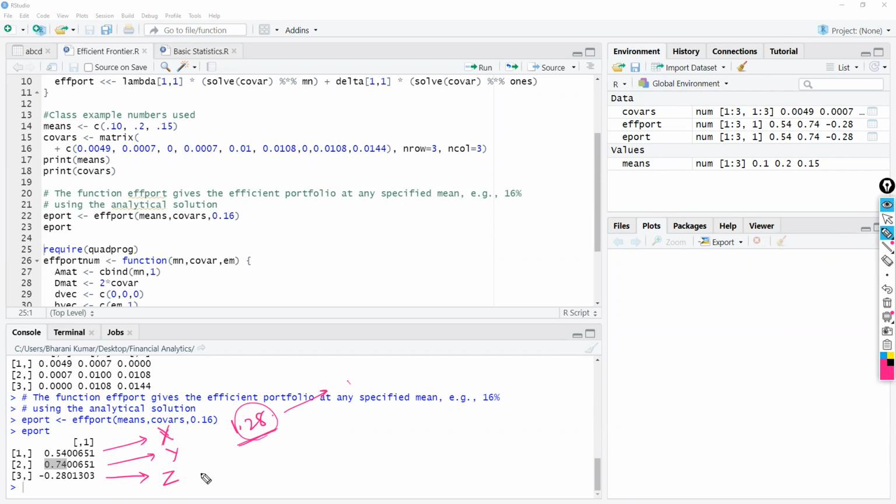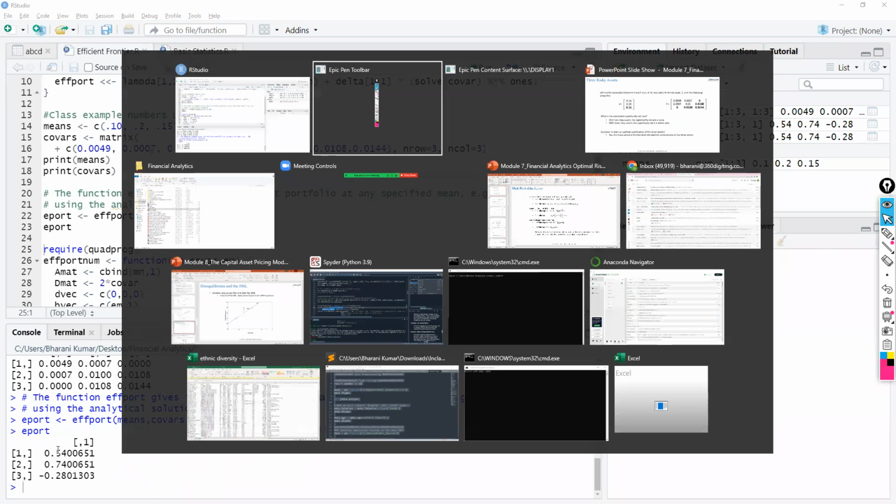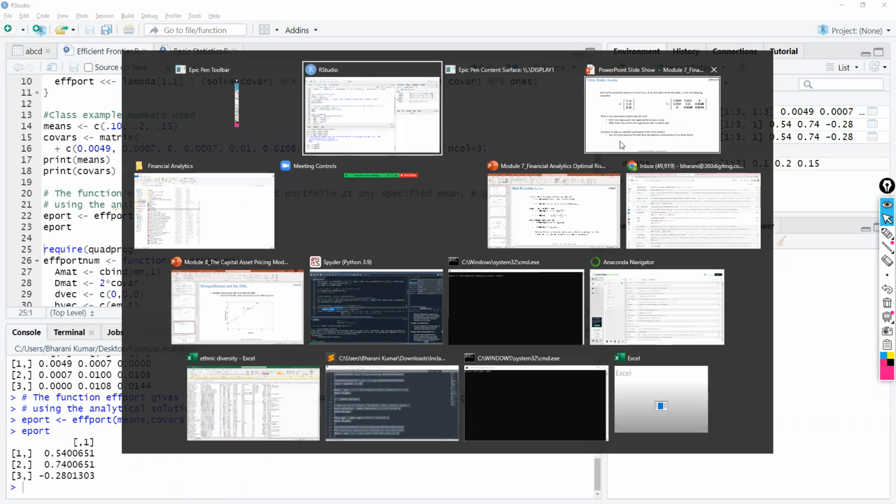Short sell means selling what you don't have. You borrow the money and then invest. That is what it is. So you borrow from asset Z and invest in these 2 assets. So how did it calculate these 3 values?